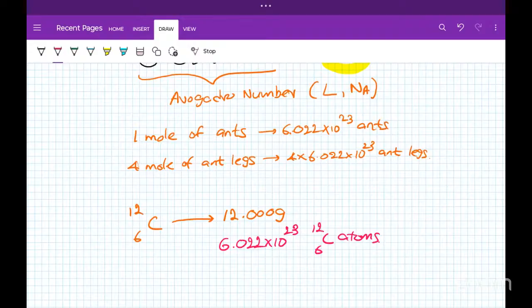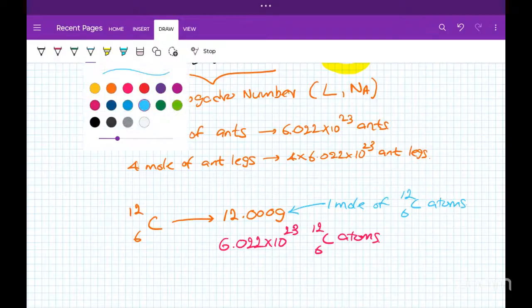So if you take exactly 12 grams of carbon-12 sample, there is 1 mole of carbon-12 atoms.